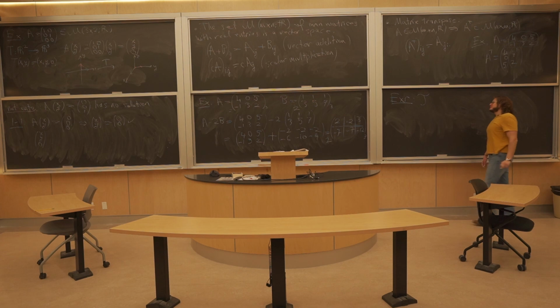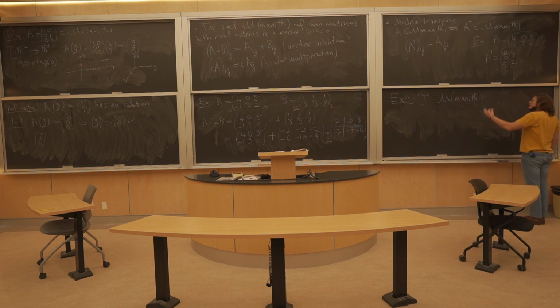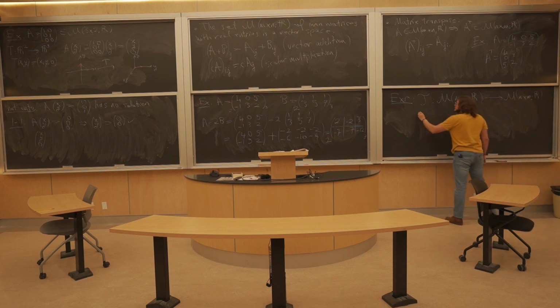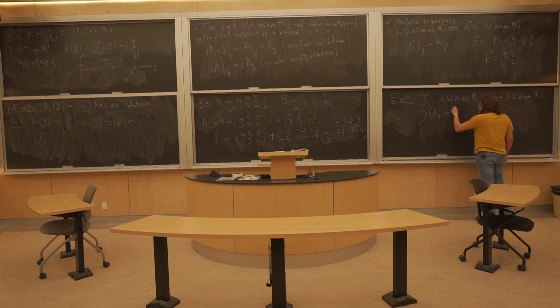I'm going to use this curly T. It's a linear transformation that goes from the vector space of m by n matrices to the vector space of n by m matrices, that takes a matrix A as an input and as an output produces its transpose.